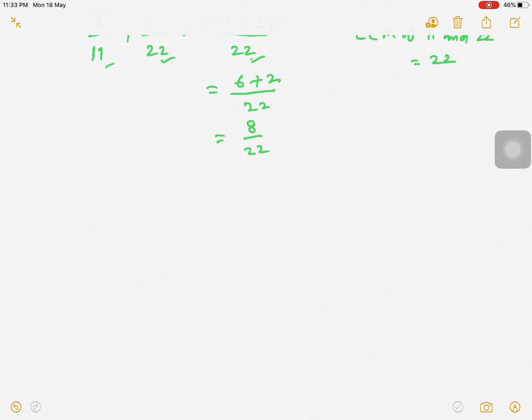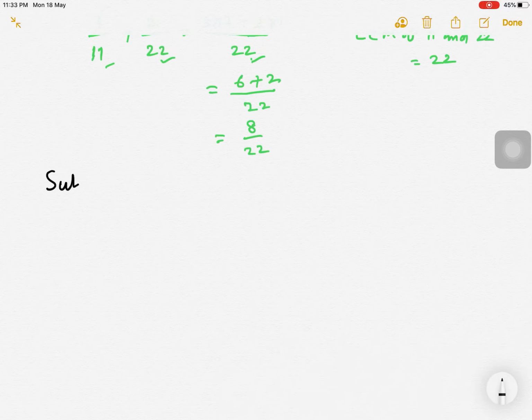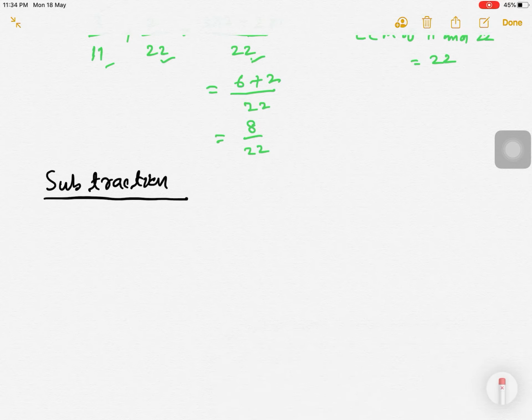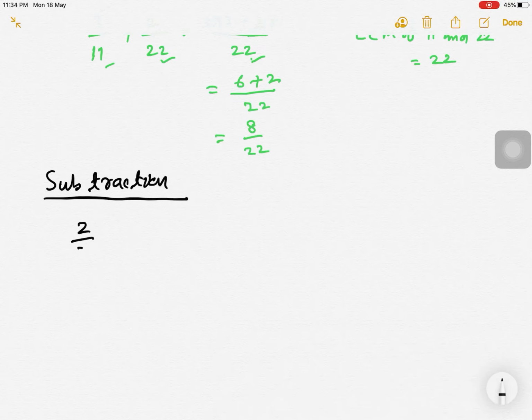And the subtraction, then we shall go for subtraction. Okay, let us think about subtraction. Now let us take one example. 2 by 7 minus 1 by 7.